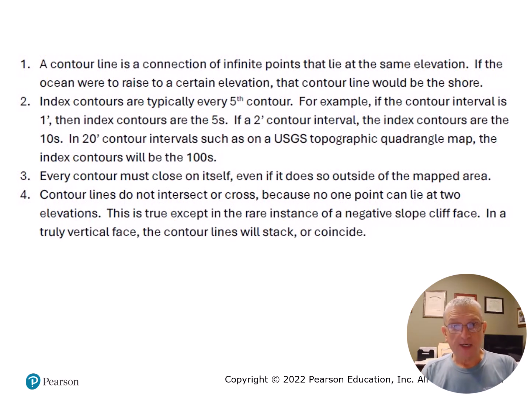Contour lines do not intersect or cross because no one point can lie at two elevations. Think about it. This is true except in the rare instance of a negative slope cliff face, where there's actually a lower contour underneath the higher contour where there is an outcropping. But in a truly vertical face, the contour lines will stack or coincide.